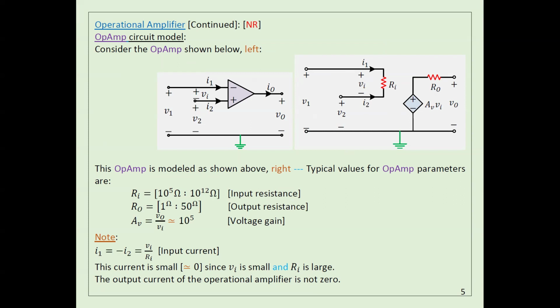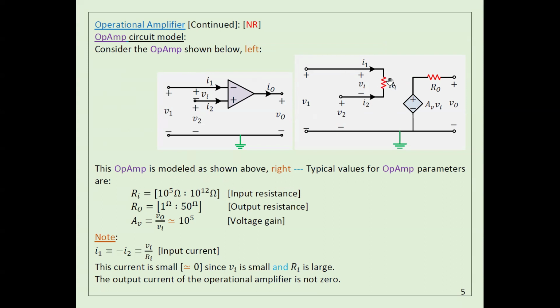And we use an approximated one. We call it the ideal one. In the ideal one, I assume the current here is equal to that. We assume this Ri is infinity, an open circuit. It's not actually infinity, it's 10 to the power 12, which is too big.